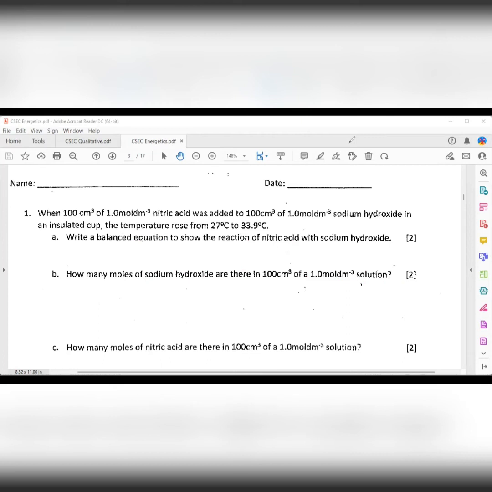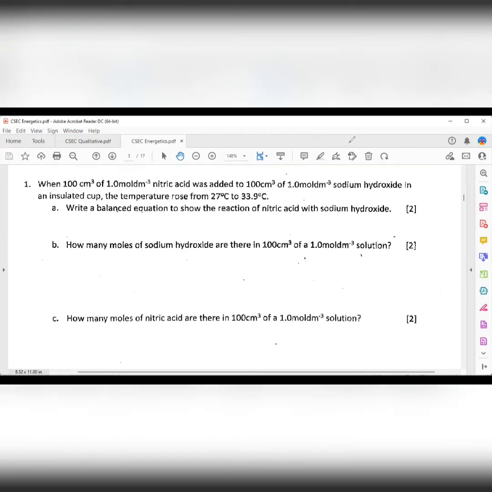We have to clear that because we need the space. It says how many moles of sodium hydroxide are there in 100 cm³ of 1 molar solution. Now, mole concept is an application of information and not necessarily a topic in itself. I hope I'm getting across to you clearly.